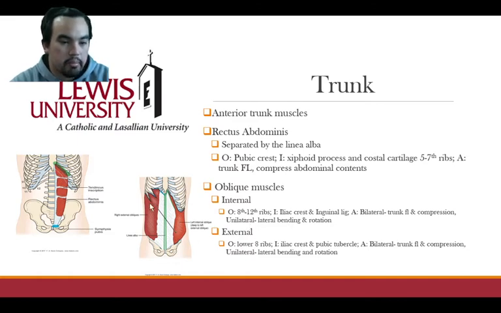So when one side contracts, it flexes the trunk to that side. Then external obliques originate at the lower 8th ribs and insert on the iliac crest and the pubic tubercle down here. And when both sides contract, we get trunk flexion, and when one side contracts, we get a lateral bending again.